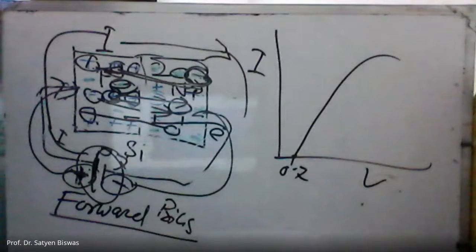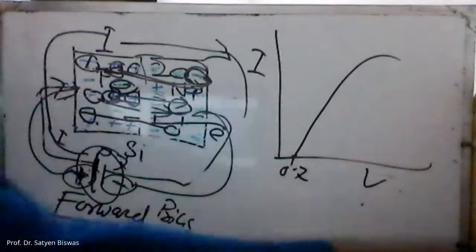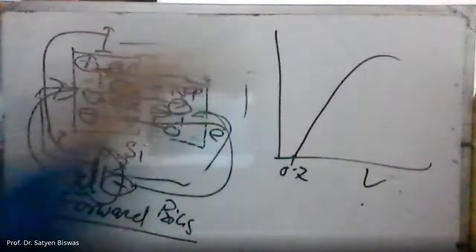Forward bias is so easy, but the problem is the reverse bias. We'll see the reverse bias now. Right? What will happen in the reverse bias?